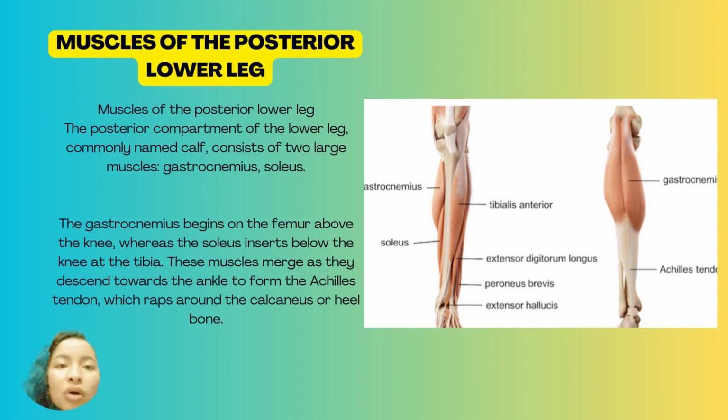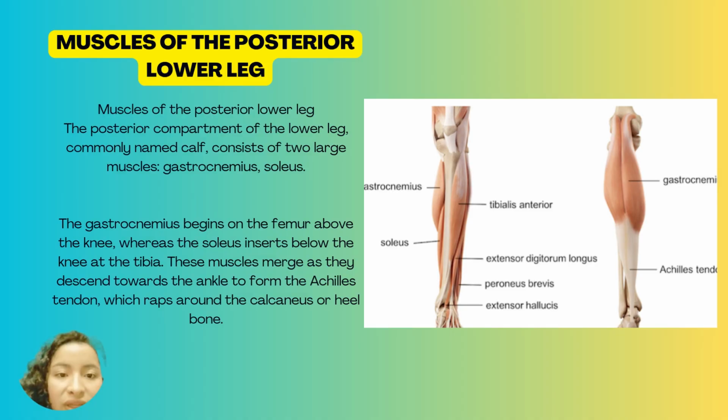These muscles merge as they descend towards the ankle to form the Achilles tendon, which attaches to the calcaneus of the heel bone. The calf muscles flex the ankle and lift the heel when resting the body on the ball of the feet.